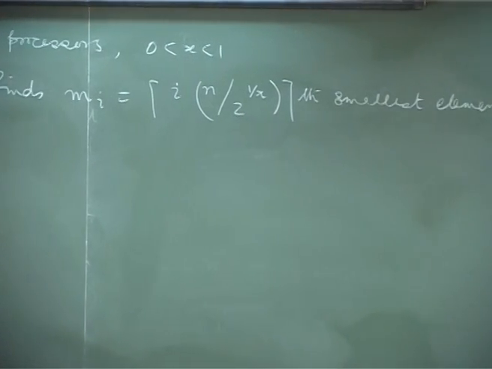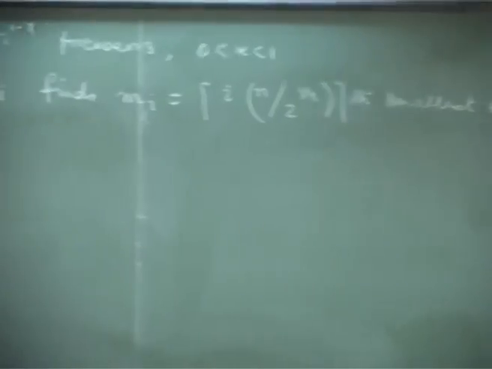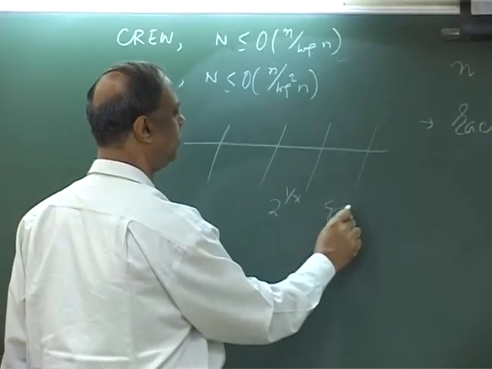That means basically what we are making is that you have S elements, and you are dividing them into 2 to the power 1 by x groups.